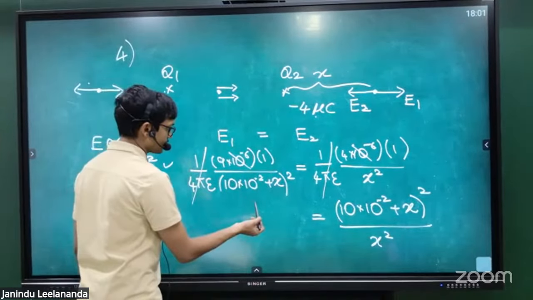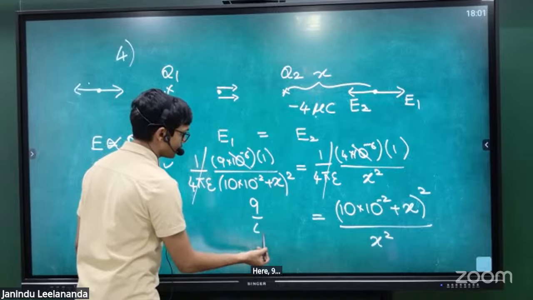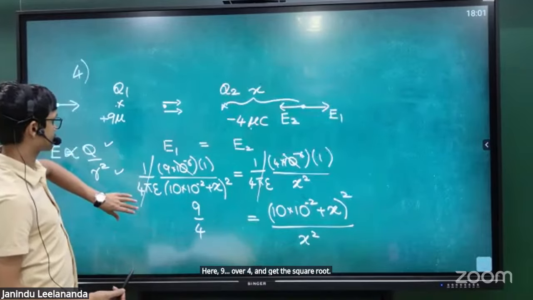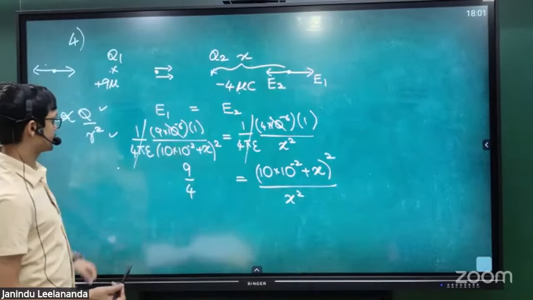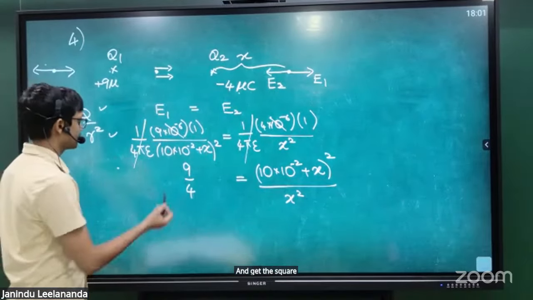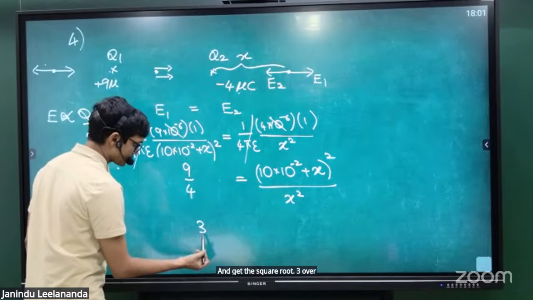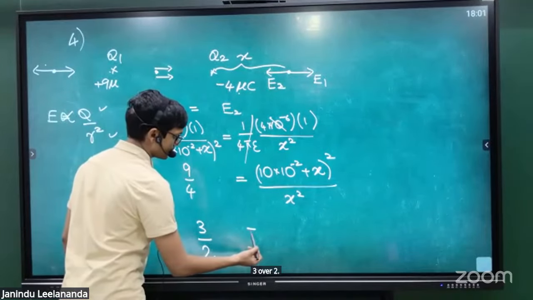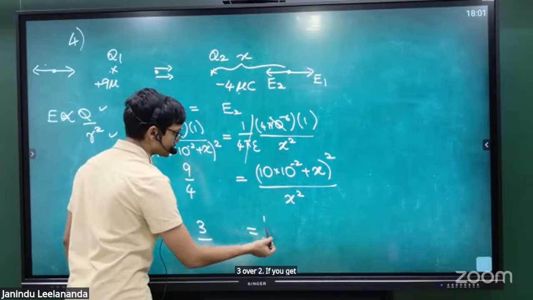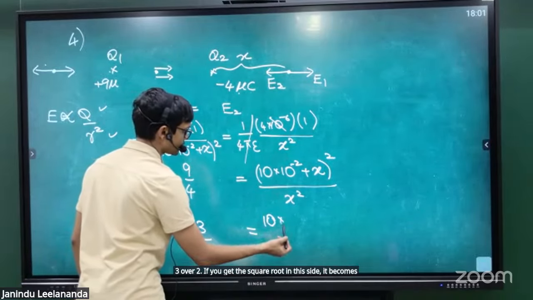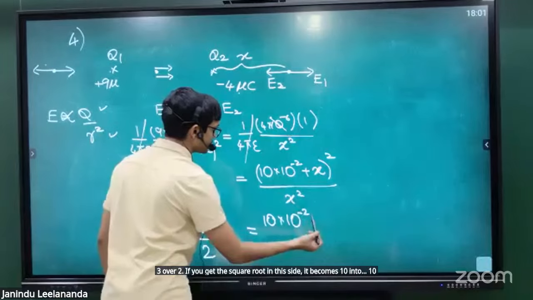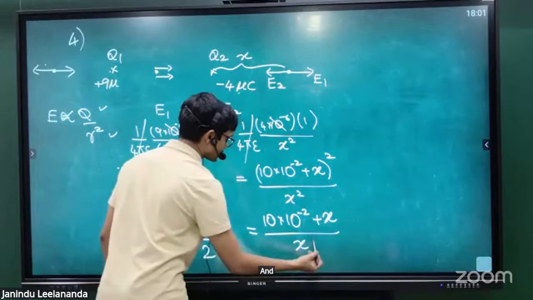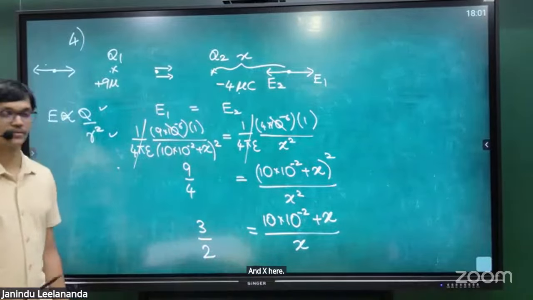Here, 9 over 4, and get the square root. 3 over 2. If you get the square root on this side, it becomes 10 into 10 to the power minus 2 plus x, and x here. Now you can solve this and find x.